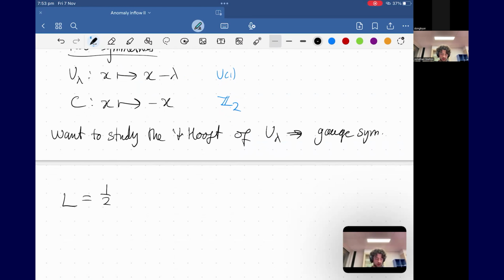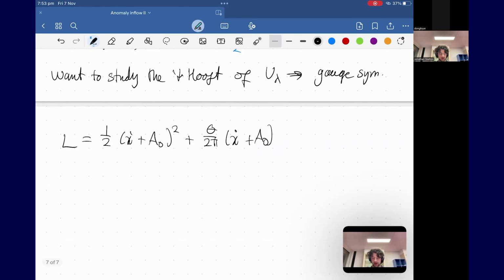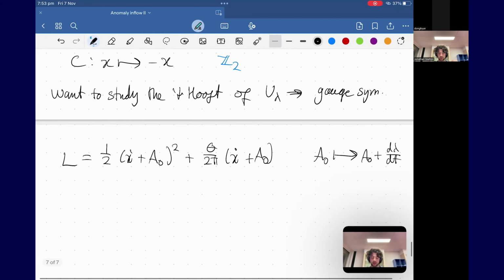L is going to be x dot plus a mu, so this is like a covariant derivative, where the transformation of the gauge field is a mu goes to a mu plus d lambda dt, where t, I should mention before, is the time variable.